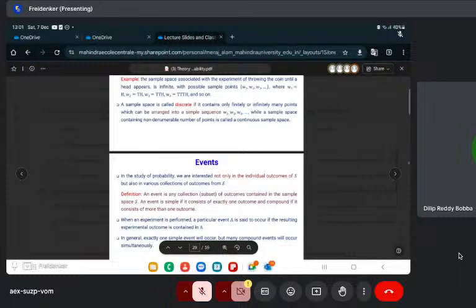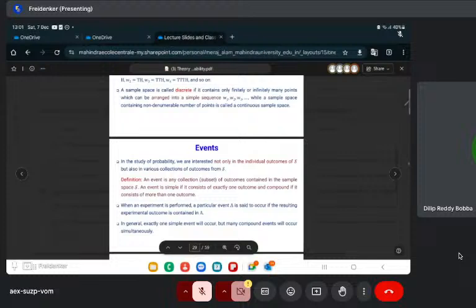What do you mean by countably infinite? I can count it 1, 2, 3, 4. Like there's a bijection between the set of natural numbers and the sample space. If that is there, that means the set is countably infinite. If it's uncountable, then it's probably not discrete. It's continuous in that case. Yes, so non-denumerable.